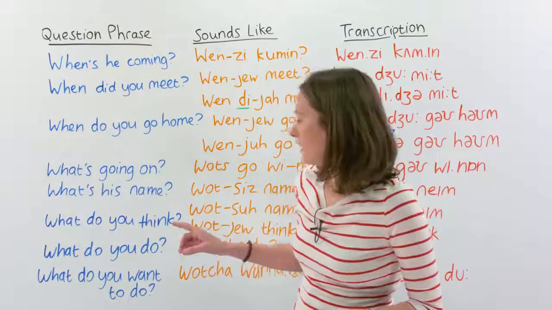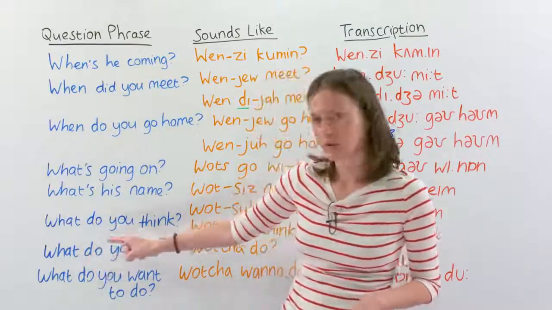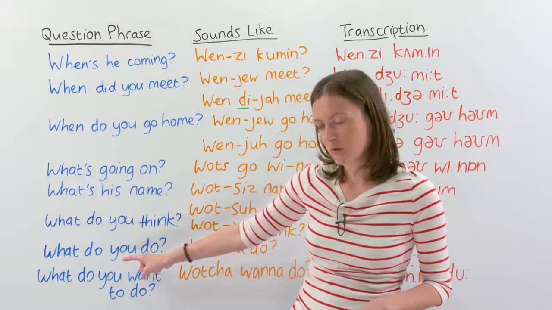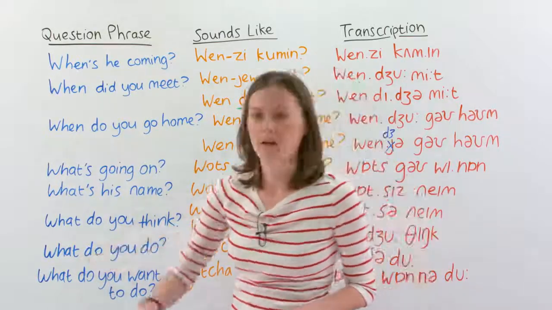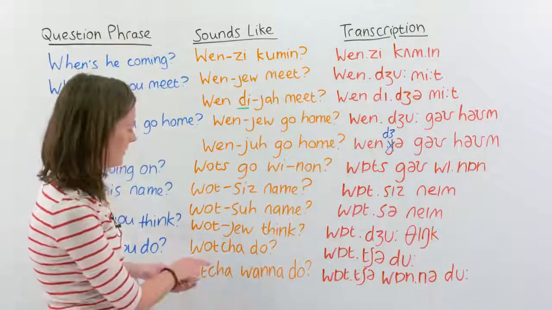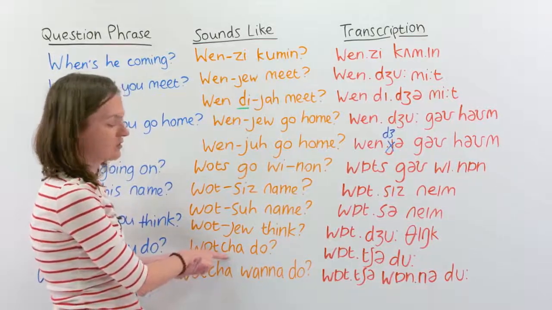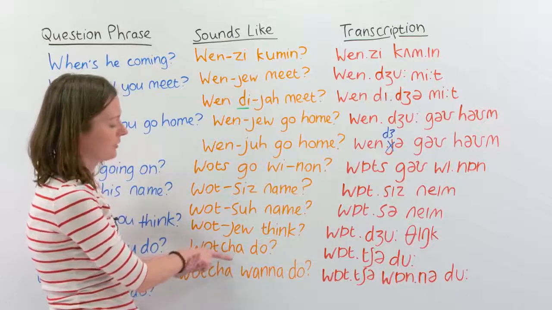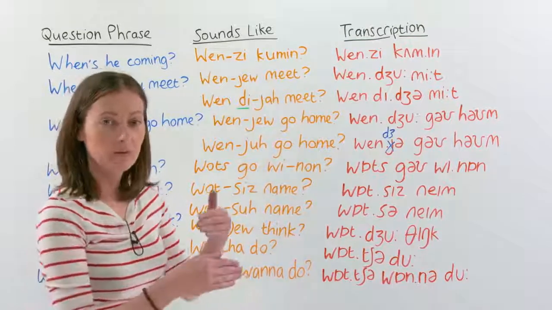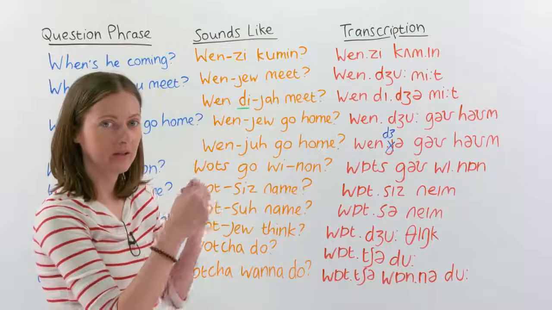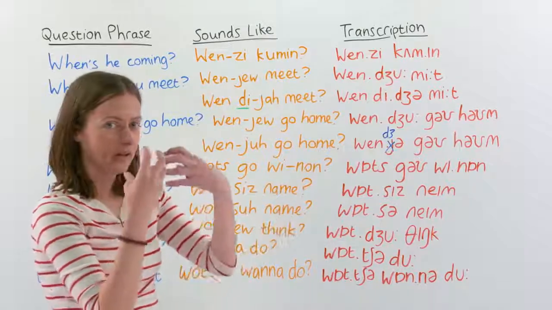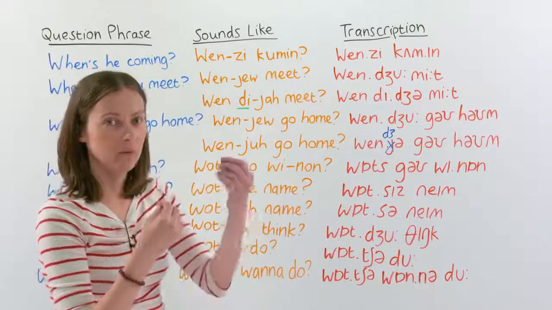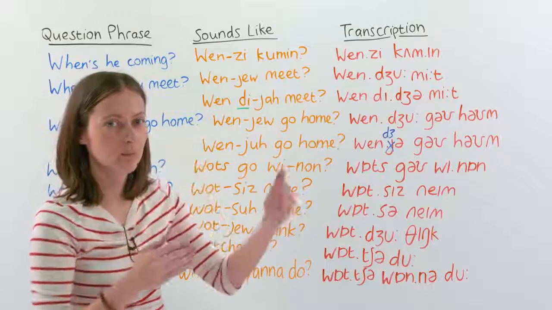So how do we go from what do you, with a D, to watcha? Where does the ch come from? Watcha, where does that come from? We change the sound because this way it rolls off the tongue a lot more easily. It's a lot more flowing and a lot more natural.